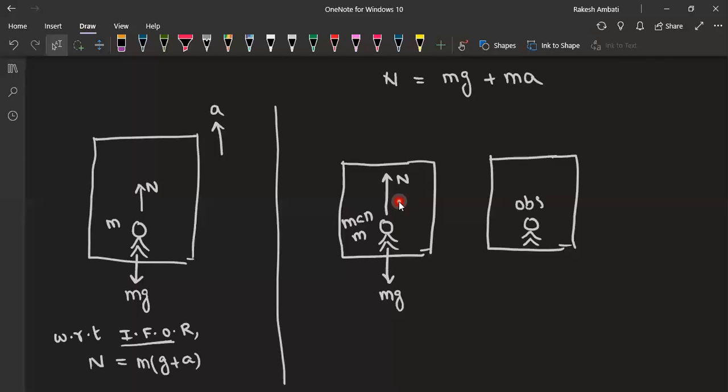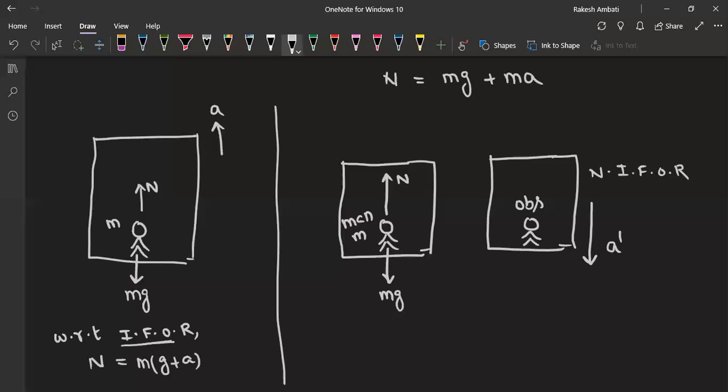The observer's lift is moving downwards with acceleration a dash. That means the lift where the observer is standing is having acceleration. Now is this frame inertial or non-inertial? Non-inertial. The observer lift is a non-inertial frame of reference.